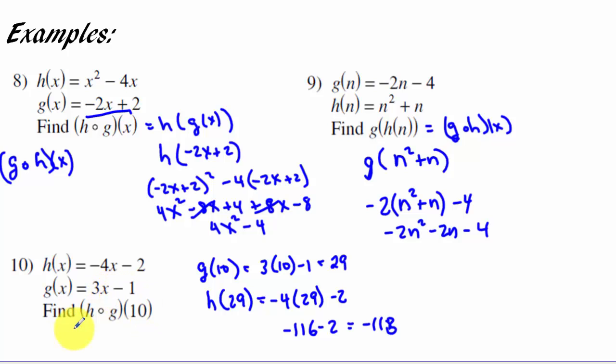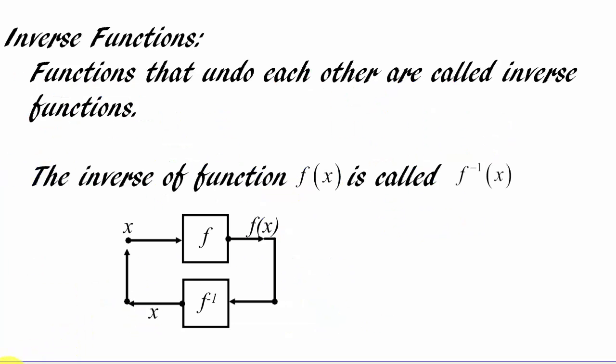Now, one of the uses of composite functions is going to be for inverse functions. Inverse in math means something that undoes something else. So when we're talking about functions, an inverse function will undo what the original function did.